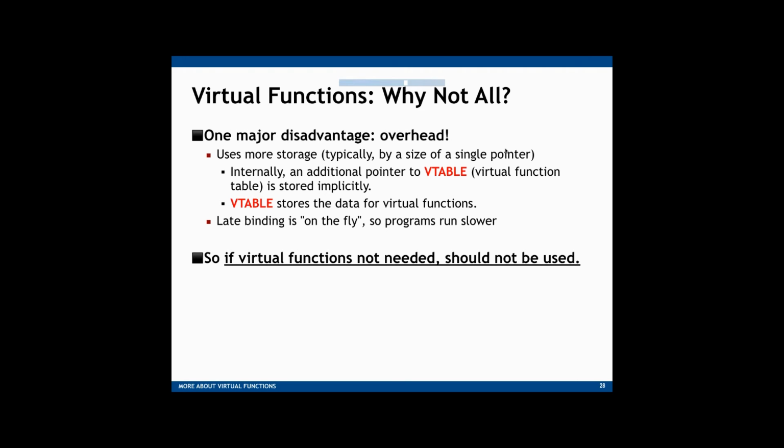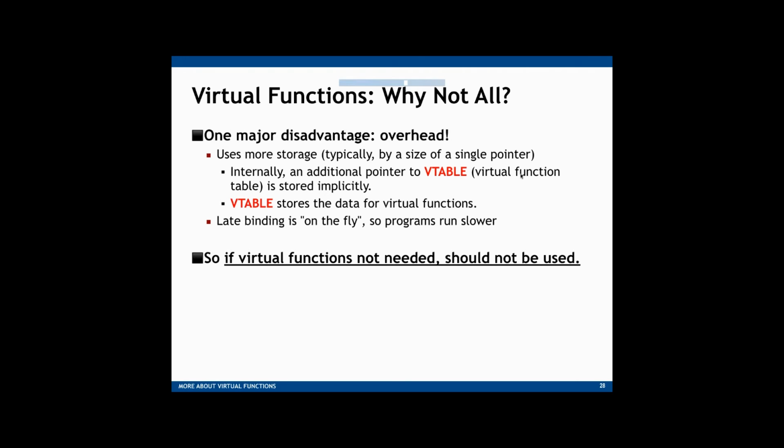The reason for that is overhead. If you use virtual functions, your program will use more memory in order to store something called a vtable. A vtable is a virtual function table. It stores all the information about the virtual functions.